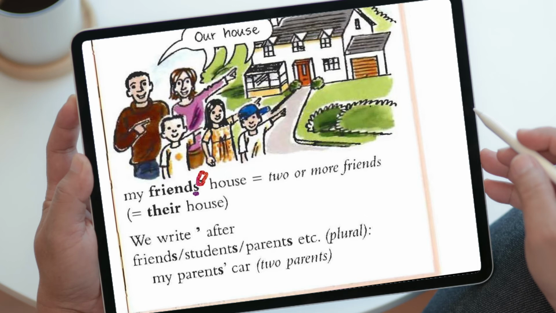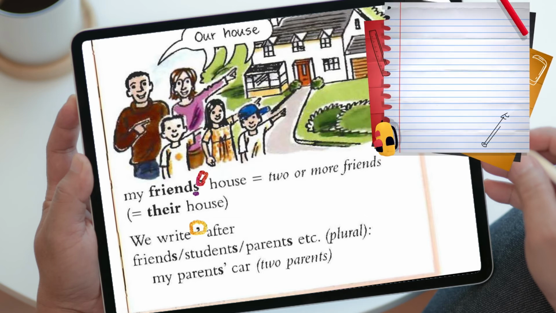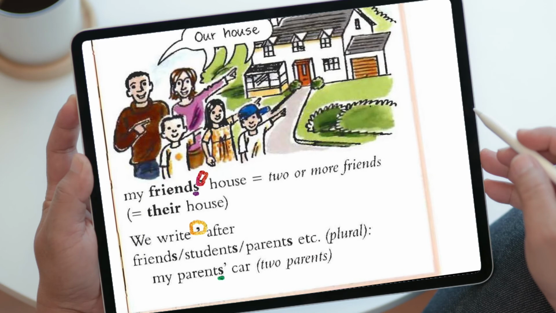We write apostrophe after friends, students, parents, etc. plural. So my parents, ending with the S, plural, and then the apostrophe, my parents' car. So two parents. If you have one car and it belongs to your mother and father, use my parents' car.